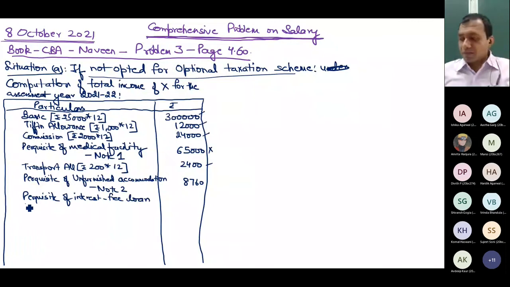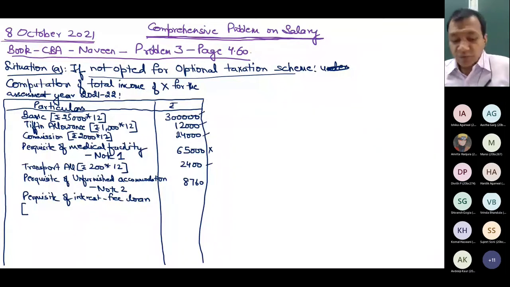We take the interest which is charged by State Bank of India on 1st April 2020, that is the first day of my previous year, on a similar type of loan which you have taken from your employer. Had you taken the loan from the market and not from your employer, you would have paid 18.5% per annum. Now you are not paying anything. So the interest which you are not paying is your saving.